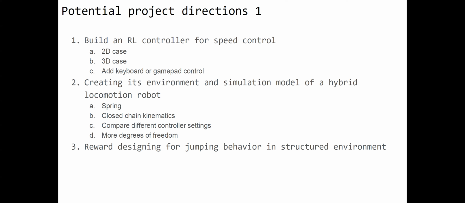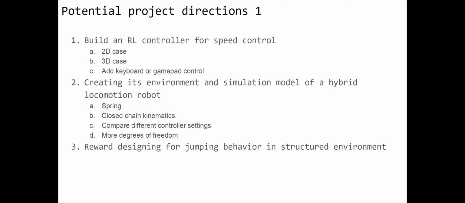And the last one is to add control from a keyboard or gamepad, just to control the robot in the simulation model in MuJoCo. So in short, set up reinforcement learning, put it in MuJoCo and control the robot from a keyboard or gamepad.